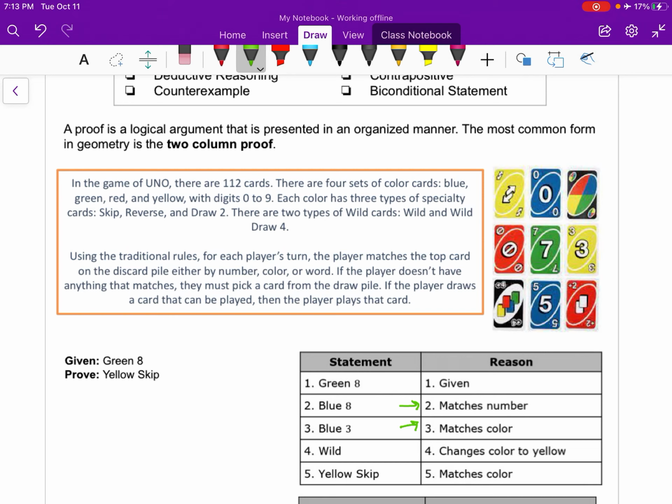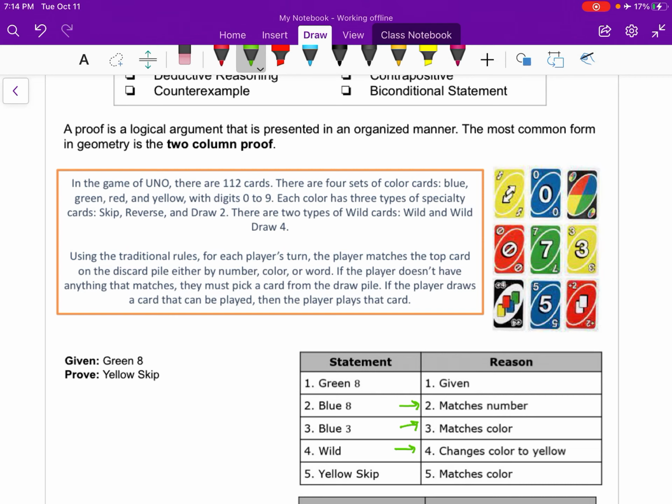After that, for statement number 4, you'll notice the next player played a wild card. Remember, a wild card can be played at any time to change the color of the next card that's played. In our case, the person with the wild card decided that they wanted to change the color to yellow.